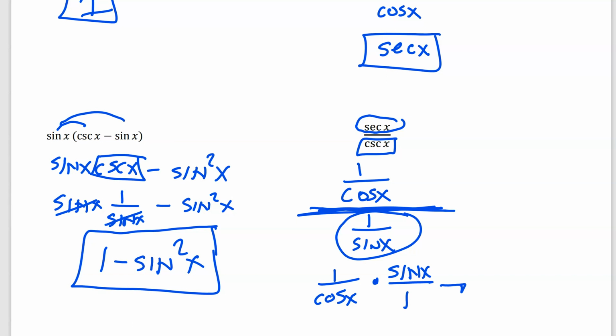When we times across, we wind up with sine over cosine, which is tangent. That's what today's assignment is. We're just multiplying through things, canceling stuff out, rewriting things as sine and cosine.